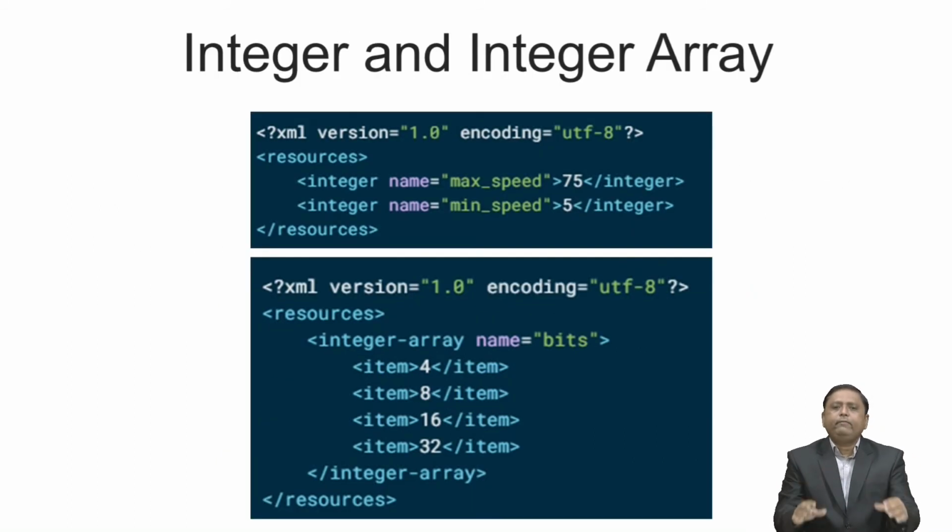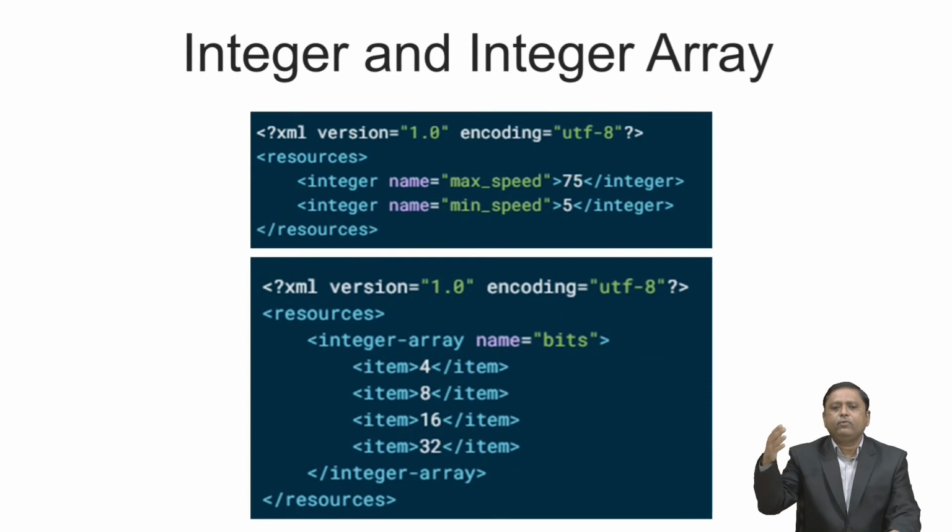Similarly, we can define integer array and integer resource inside the resource directory. The first image shows how we can define an individual integer value. So, max_speed refers to 75 and min_speed refers to 5. Similarly, you can see an integer array with the name bits.